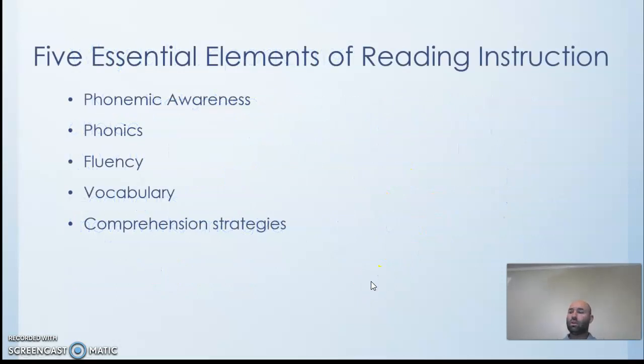And to start with those, we have 5 elements of reading instruction. Listed there are phonemic awareness, phonics, fluency, vocabulary, and comprehension strategies.